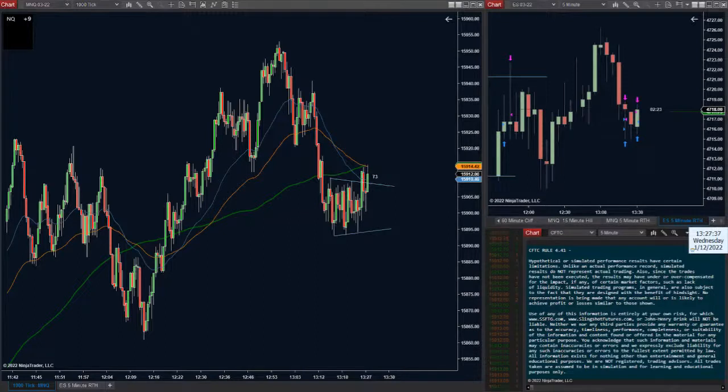Popped right back up to another quick new high. Interesting. Uh-oh. Now we're hearing the crickets coming back in. Tick strike lighting up.